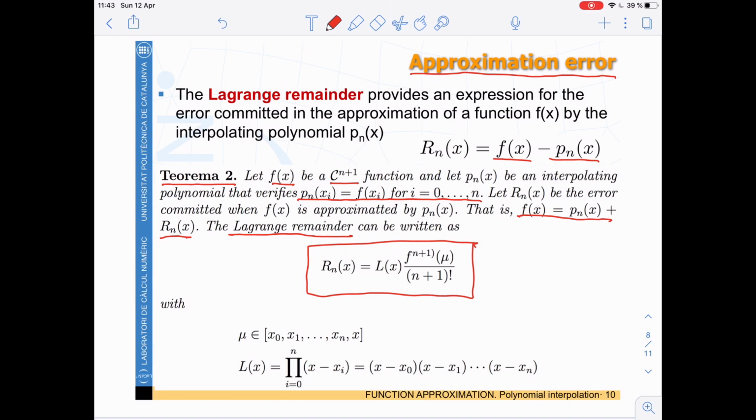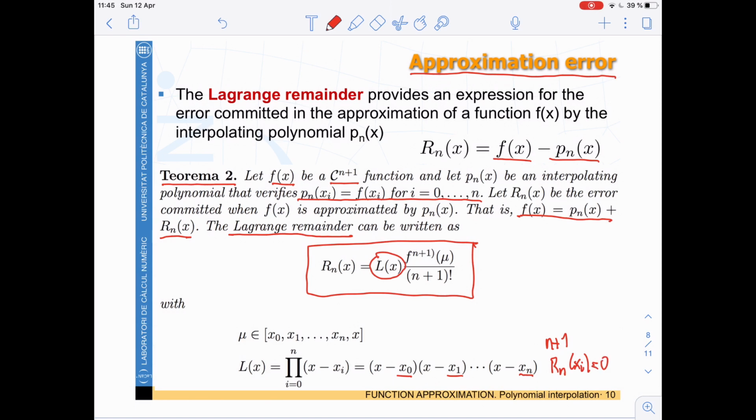Let's explore the structure of this formula. On the one hand, we have here L(x). L(x) is a polynomial of degree n plus 1 with all the basis points x0, x1, dots, xn without skipping any point. In other words, L(x) takes care of ensuring that Rn(xi) equal 0.